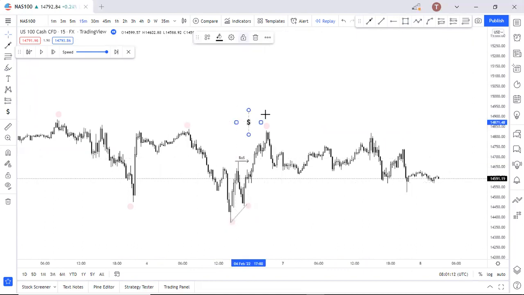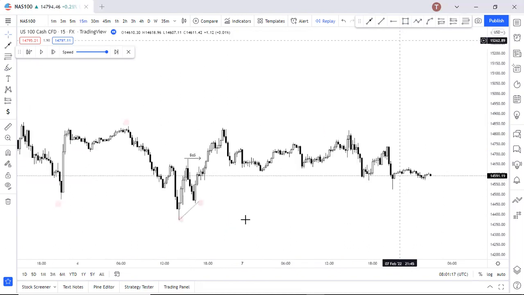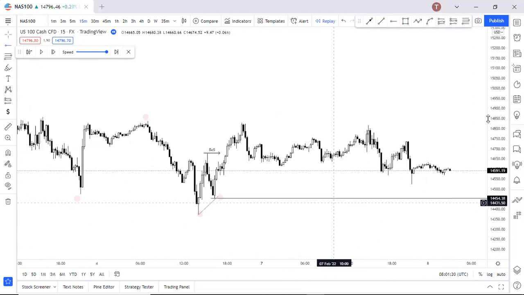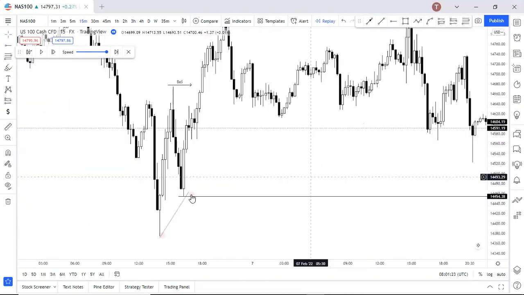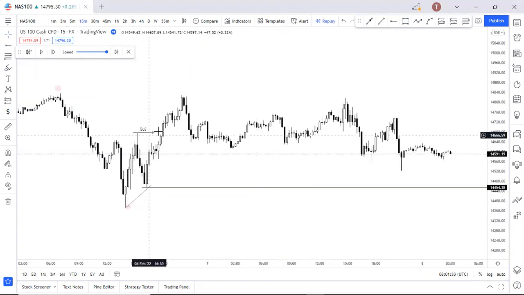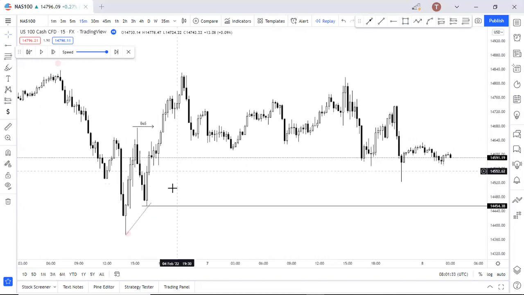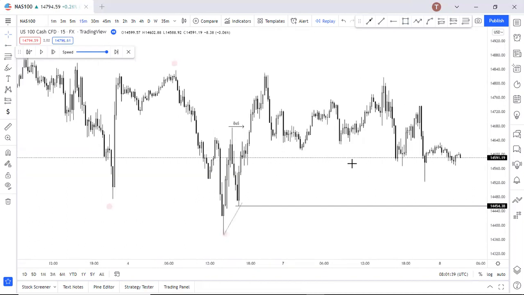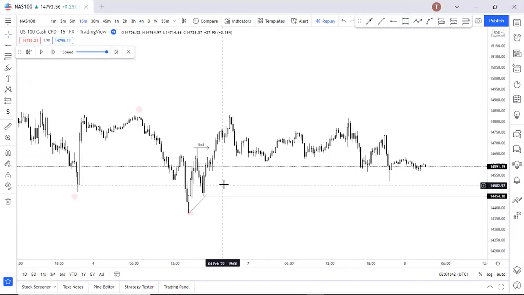So now, noting that we have a structural shift, this is my last low. I marked it out, and since this is our new low in the market, all I was looking for after this break of structure was zones, demand zones, where I can find possible entries to go long, possible entries to enter for buys in the market.